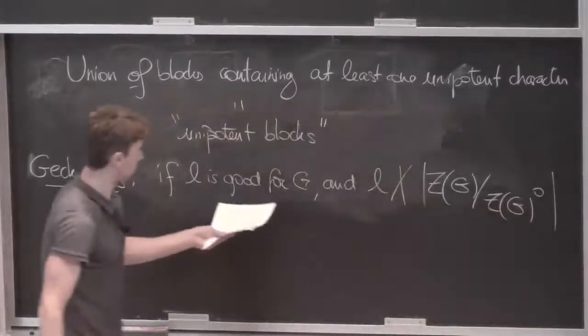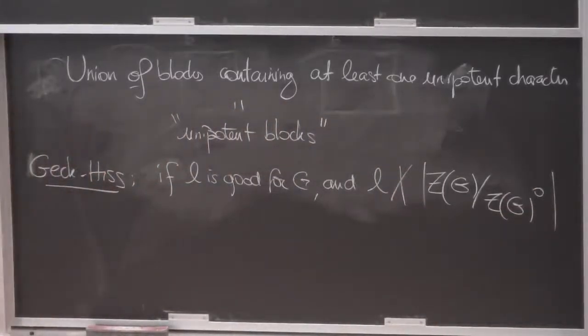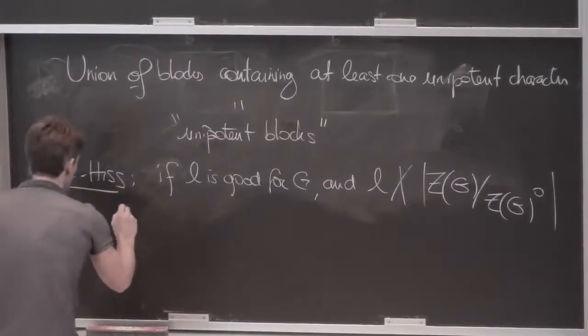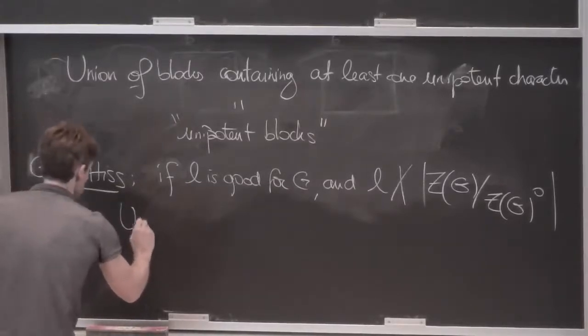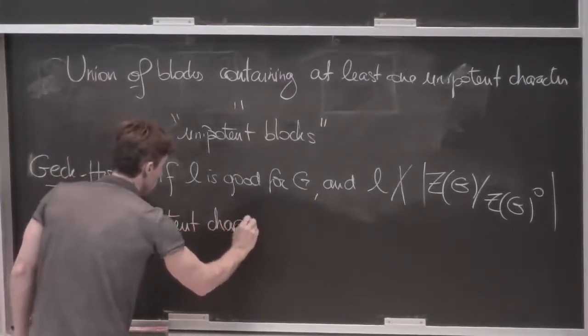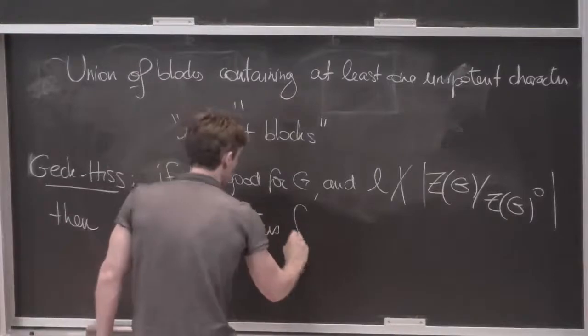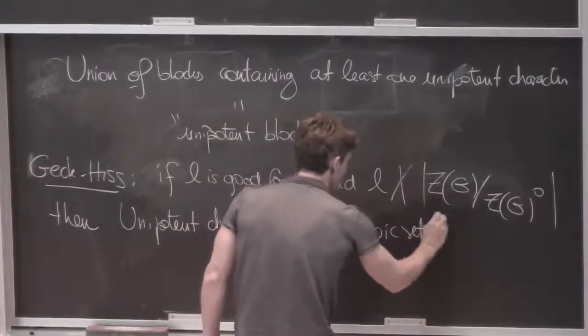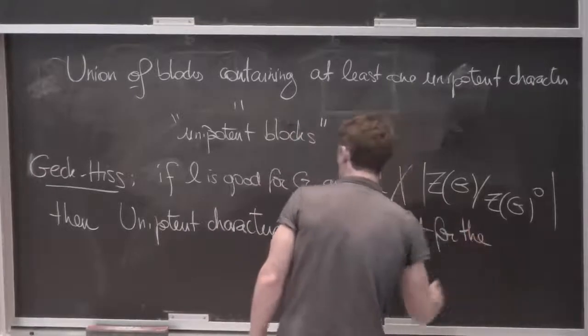This is a very small restriction for classical groups. For example, you just assume that l is not even, it's odd. So if you assume this, then the unipotent characters form a basic set for the unipotent blocks.